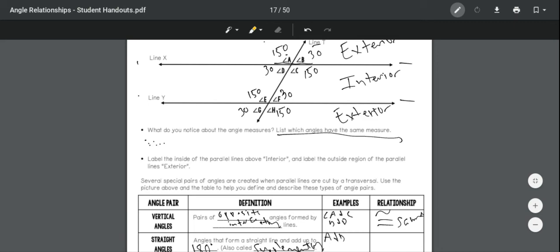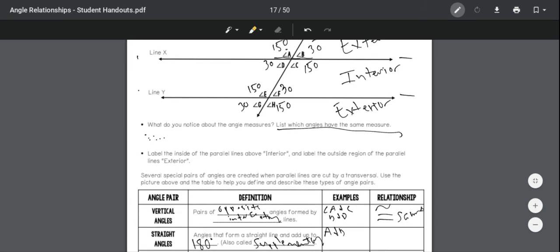We also have D and C. And again, I'm not going to write them all because it's hard to write with this pen. You have E and F and G and H. And then you can also look at it sideways, and you have G and E that form a straight line. And you have H and F and C and B and A and D. Those all form a straight line. And their relationship would be that they all equal 180 when you add 2 together, because they're supplementary.